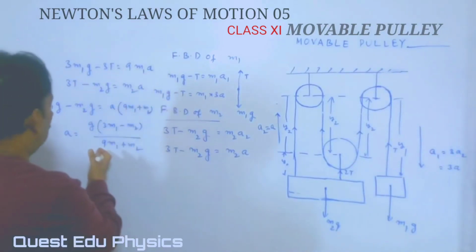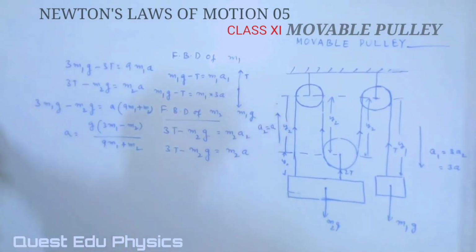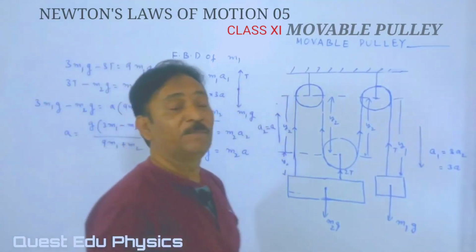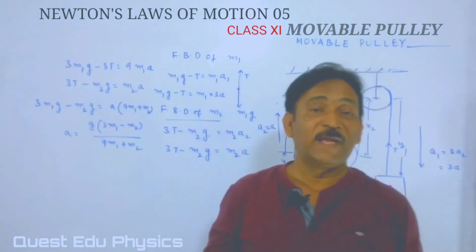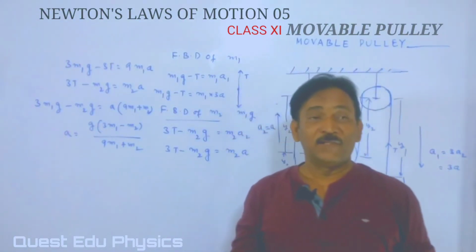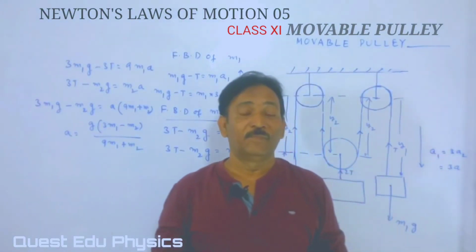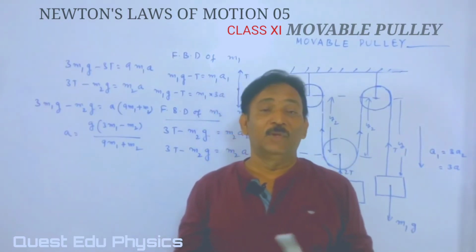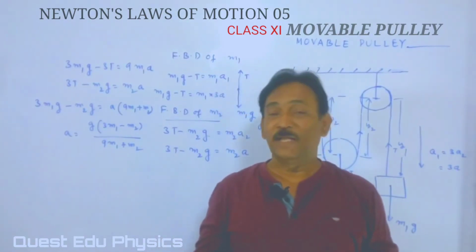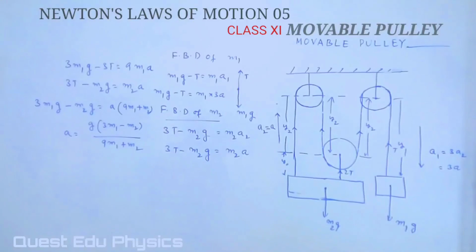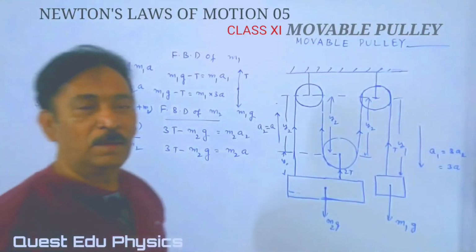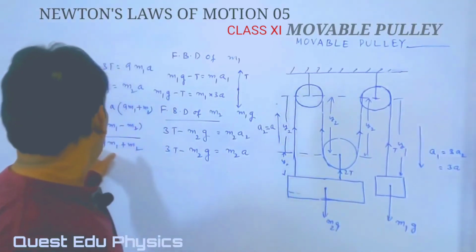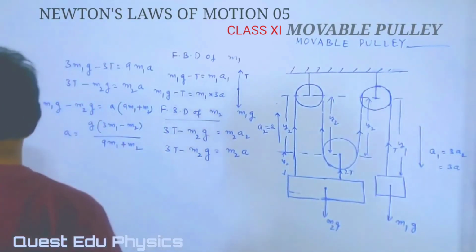Let's substitute this acceleration in one of the equations and we will get the tension. Okay students, in this way you can find out the acceleration as well as the tension in a 2 pulley system as well as the 3 pulley system. Okay students, in this way we found the acceleration of the system.